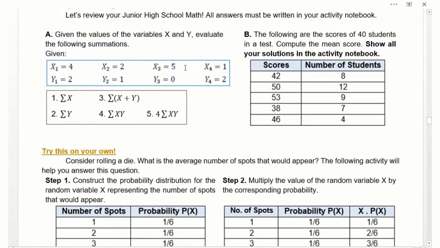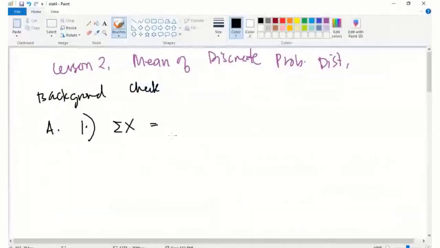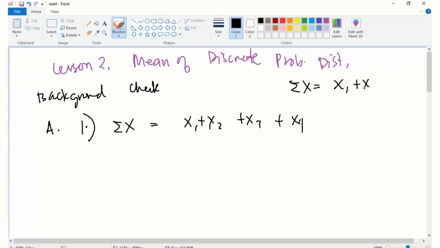Itong x sub 1, x sub 2, x sub 3, x sub 4. So the summation of x now is just equals to x sub 1 plus x sub 2 plus x sub 3 plus x sub 4. Or in reality, summation of x can be x sub 1 plus x sub 2 plus dot dot dot plus x sub n. So ang n is the final or last element within the list.